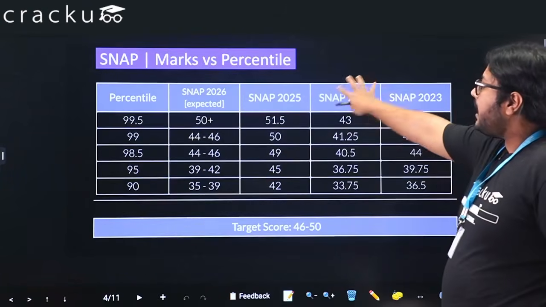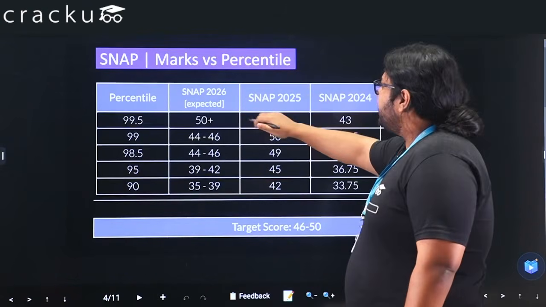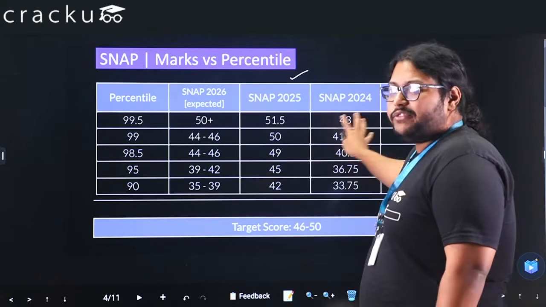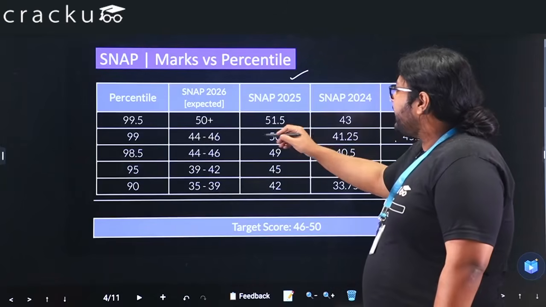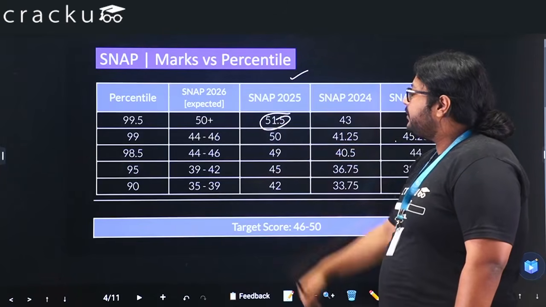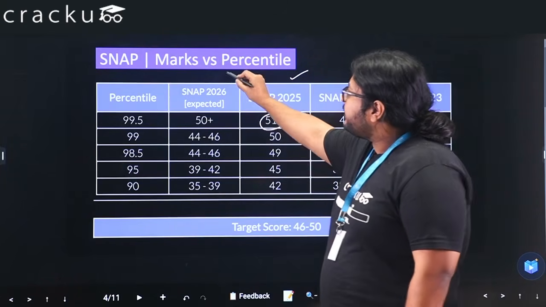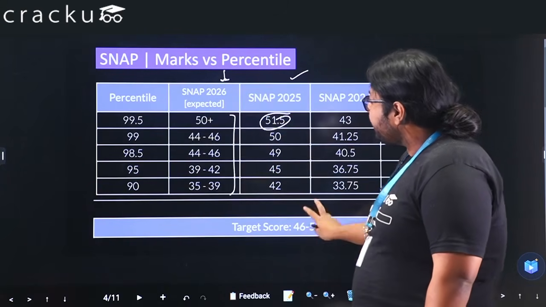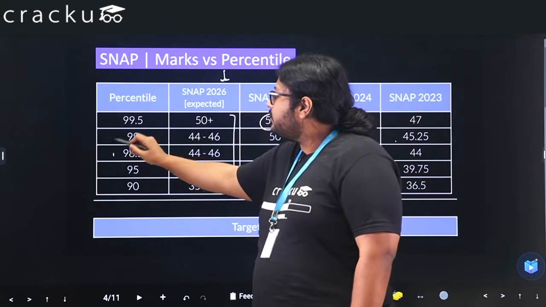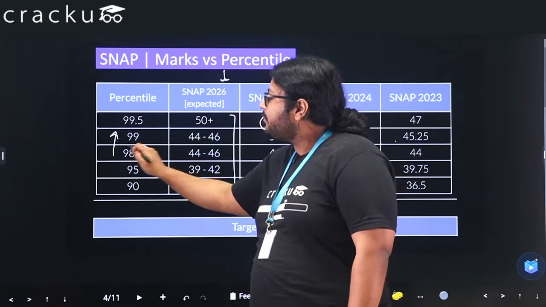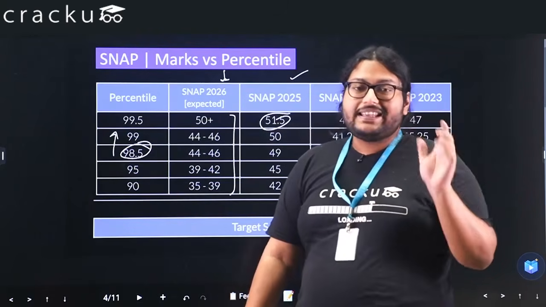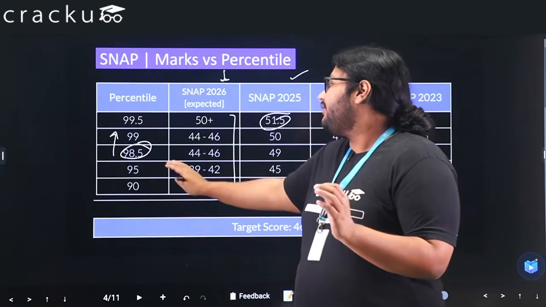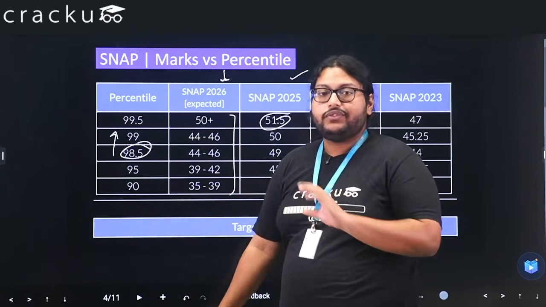Now, talking about the marks versus percentile, 25 was relatively easier compared to 24 or 23, where 99.5 was at around 51.5 marks. This is an expected score for this year. If you're someone who's aiming to score north of 98.5, and 98.5 is important because SIBM Pune, which is the best college through SNAP, had a cutoff last year of around 98.5 for the interviews.